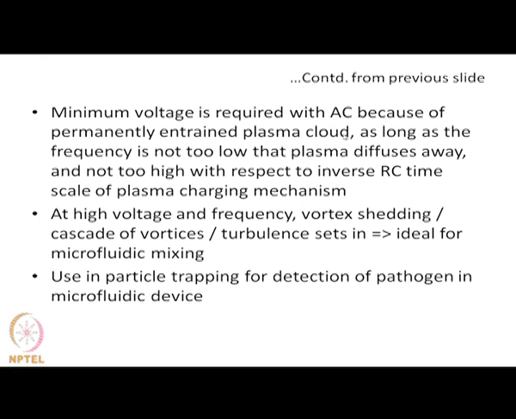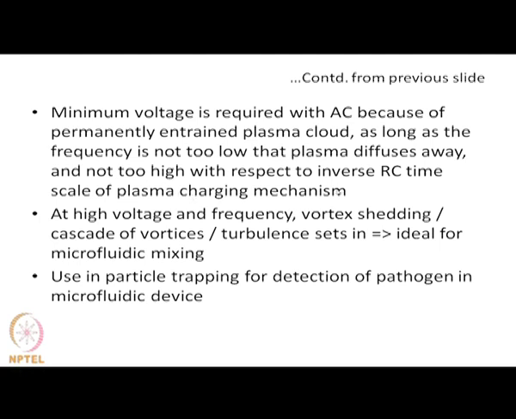Now, as long as the frequency is not too low, that plasma diffuses away. If it is taking too long to come back, then the plasma diffuses away. So that is one issue. On the other hand, if the imposed AC frequency is too high, that means it is changing too fast, then that will not match the RC time scale of the plasma charging mechanism.